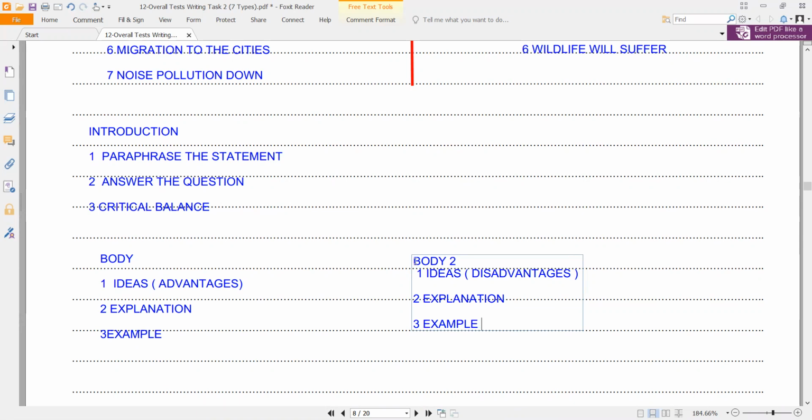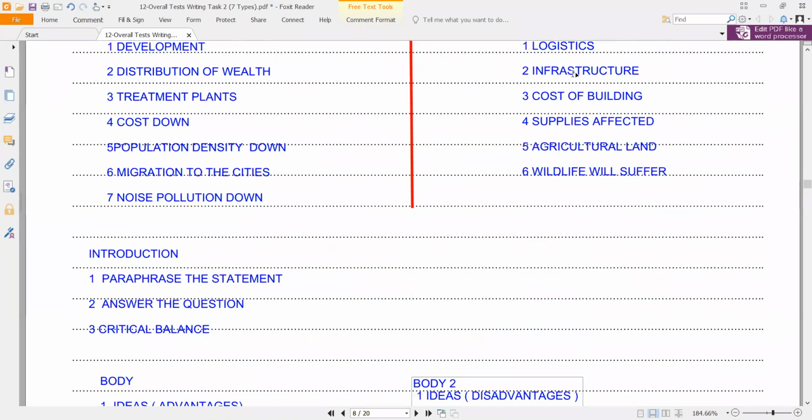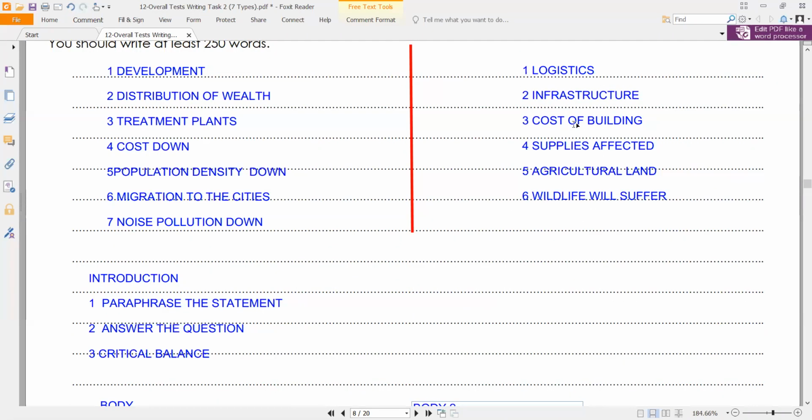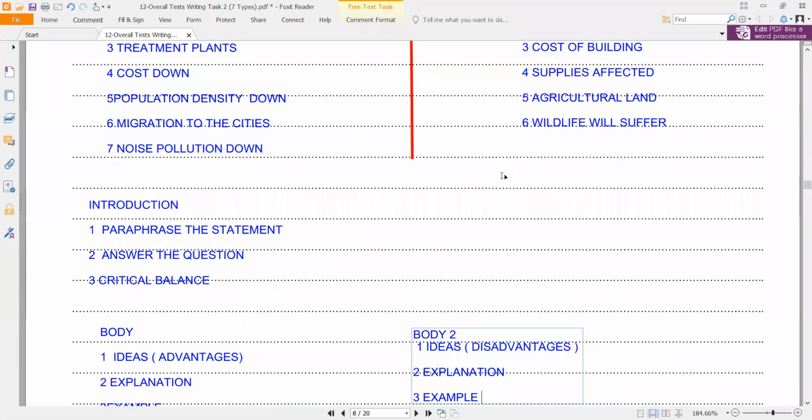So in here, you can talk about these things that we've mentioned here. Try to make them into 2 or 3 sentences. Explain them in like 1 or 2 more sentences, maybe 4, and then quote an example. So if you have like, let's say, 3 plus 2, 5, 6, 7 sentences, that's enough. Sentences, not lines. So make sure that you write precisely and not in so much detail.